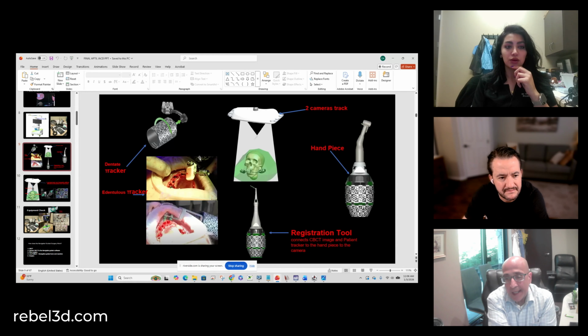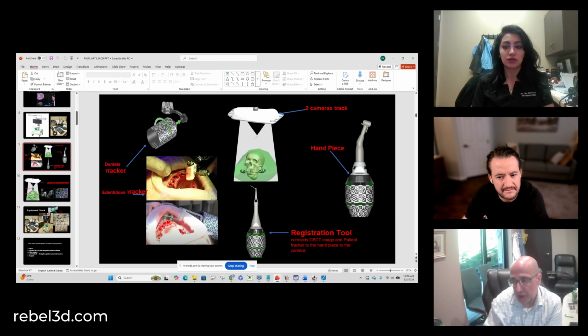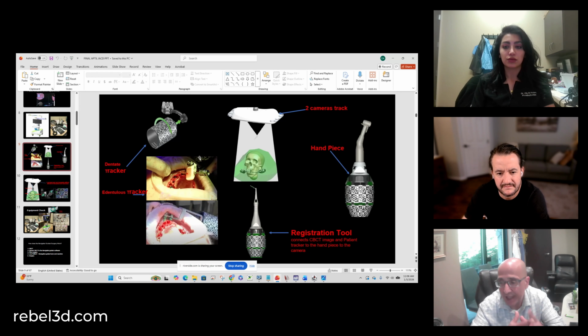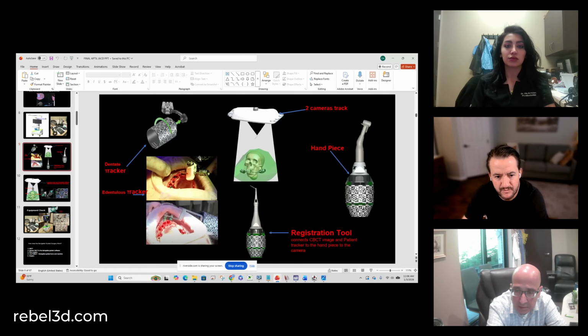We said navigation. If you talk about the concept of navigation, it is several components, right? The machine is composed of this camera on the top, and we have this handpiece that is the one that you have the drills and drill through.